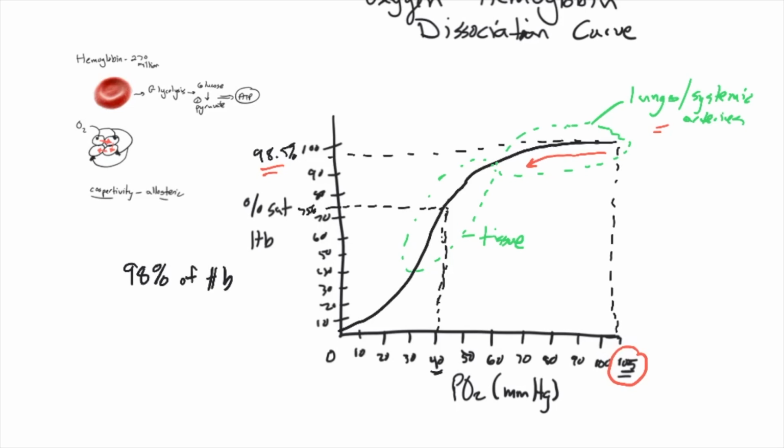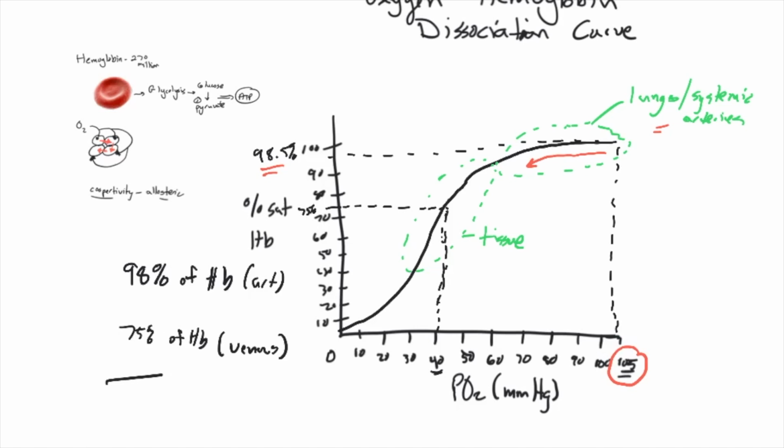We get 75% of oxygen still bound to hemoglobin. So what happens? We get a net, so we say 75% of hemoglobin is bound. This is going to be arterial end. This is going to be venous end. So what happened to that 23%?